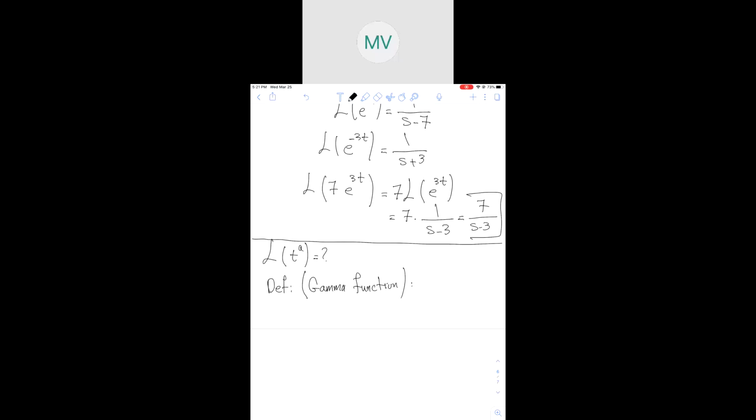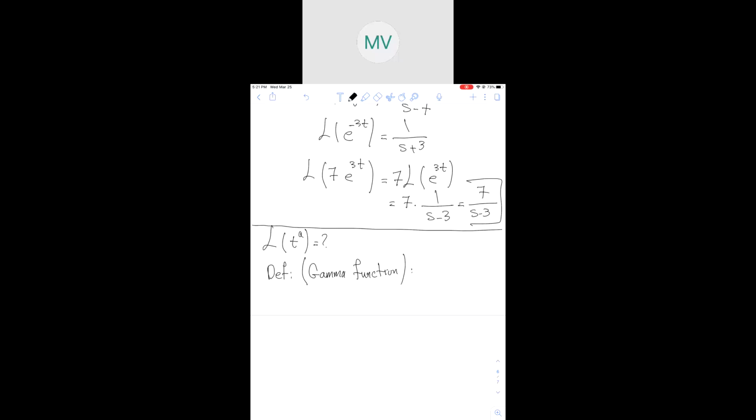People who have had statistics have probably seen and heard it before. It's the same function that generates the gamma distribution. And that's a definition. It's very simple. Gamma of x, capital letter for gamma, equals the integral from 0 to infinity.